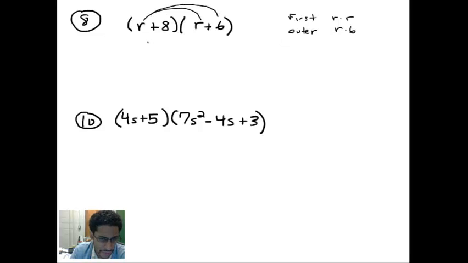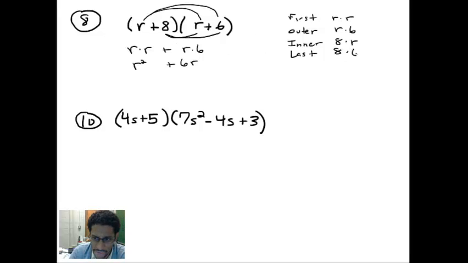Ultimately, though, that's half the story. So we'll have r times r, and then we'll have r times 6. So that's going to be r squared, and then plus 6r. Then we have the inner terms, which will be 8 times r, and the last terms in each of the sets of parentheses, that'll be 8 times 6.